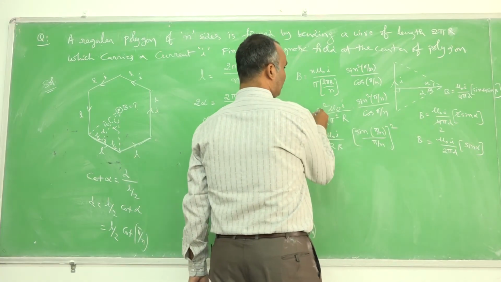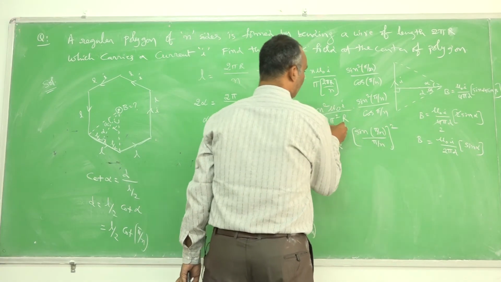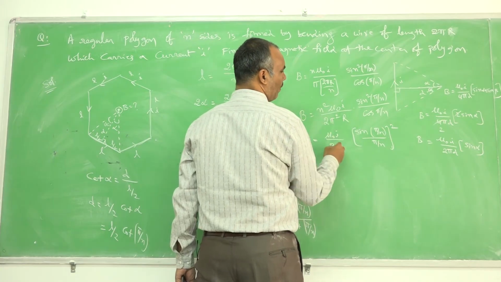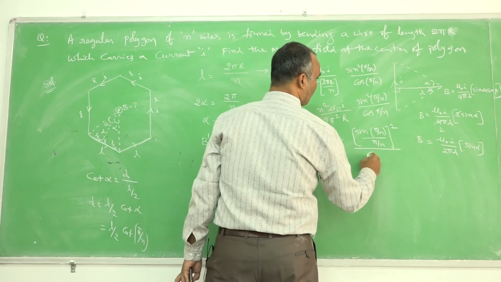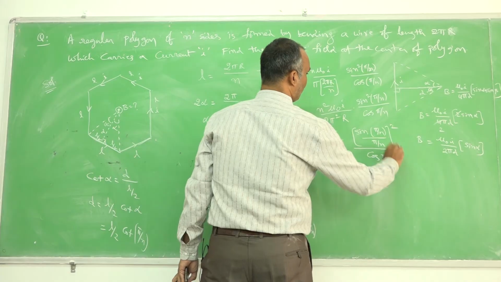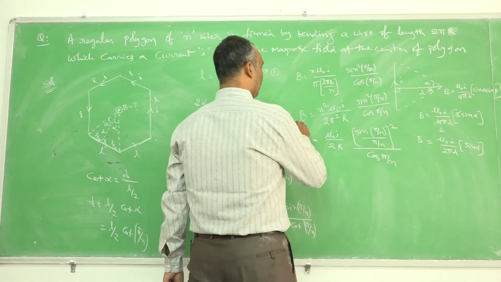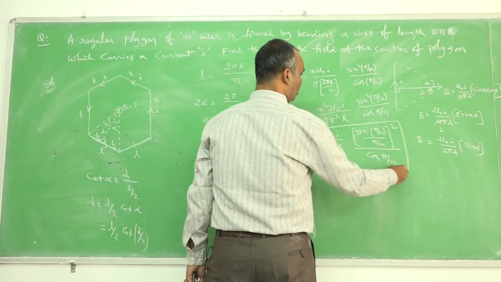If you observe this n square, if it comes to the denominator, it is (pi by n) whole square by cos pi by n. So this is the solution for this problem.